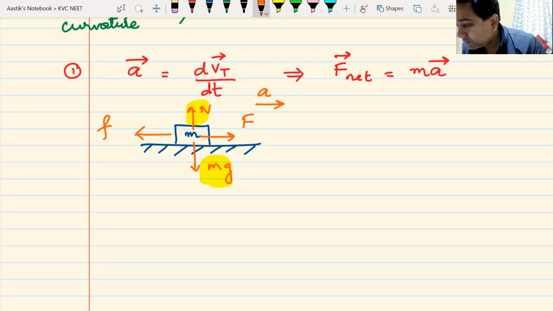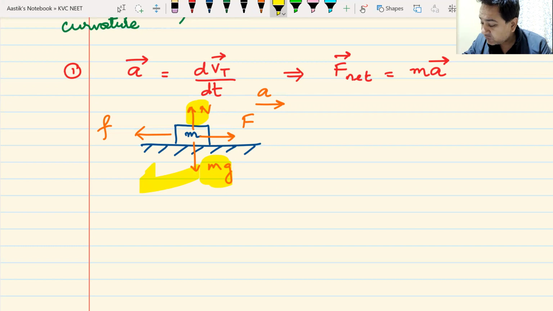Revision of the previous class, chapter on force, Newton's laws of motion. Can you tell me what the equation of this particle will look like? From the yellow thing, what will the first equation look like? Anyone?